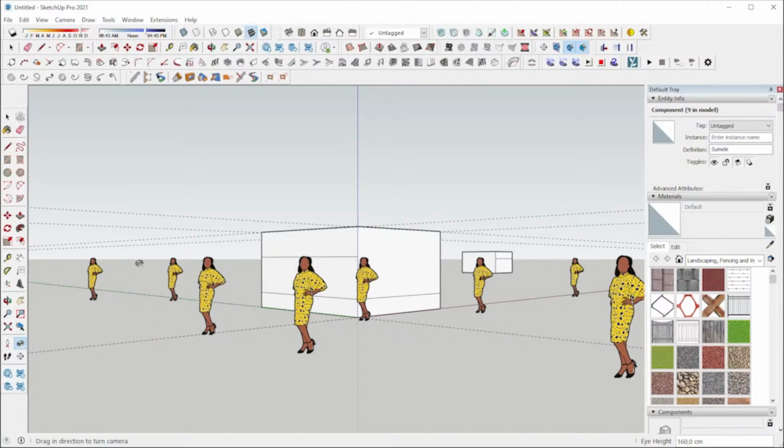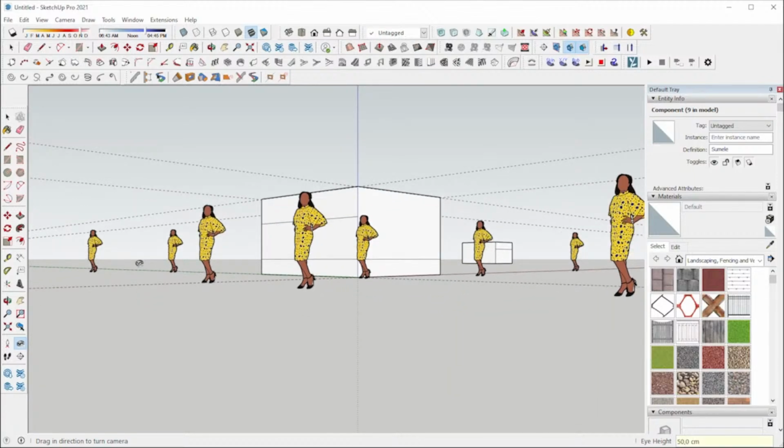But if I sit on a chair, my eye level is lower. So the same place on the body of each figure, like the knee, is on the horizon line, because I sit on the ground or on a chair and my eye level is lower than the others.